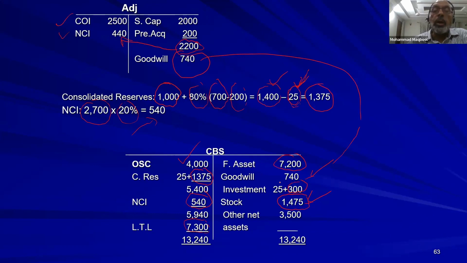I'm not dealing with the other figure, and this is the other net asset. If I exclude this 25 and this 25 and rework my figure, both sides will balance, with the difference of 25, because I'm not taking it in. This 25 is because of the equity method.